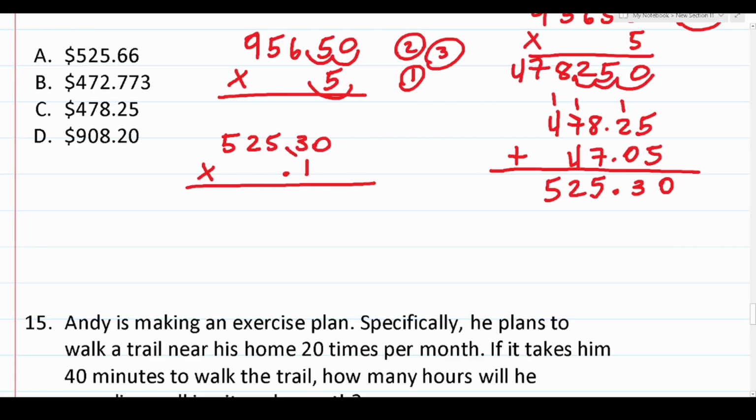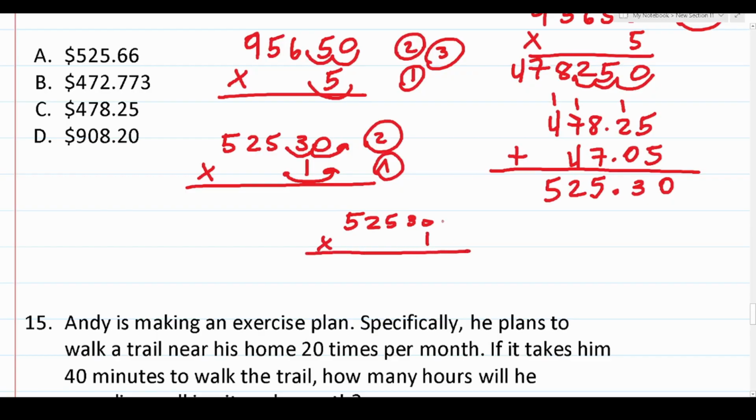Let's get rid of those decimals. We're going to shift this one 2 times to the right. My pen is starting to die on me here. We're going to shift this one 1 time to the right. So this becomes 525.30 times 1, albeit with 1 plus 2 are 3 decimals to shift back into the left at the end.